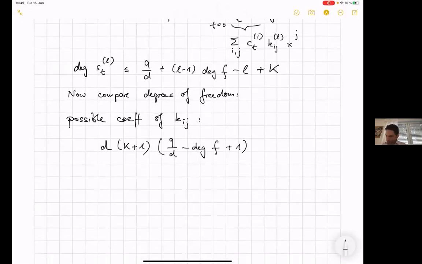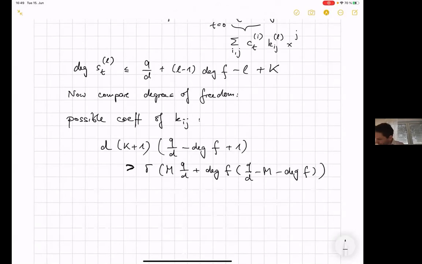And if you estimate this from below, you plug everything in, then this is bounded by delta times (mq over d plus degree of f) times (q over d minus m minus degree of f).